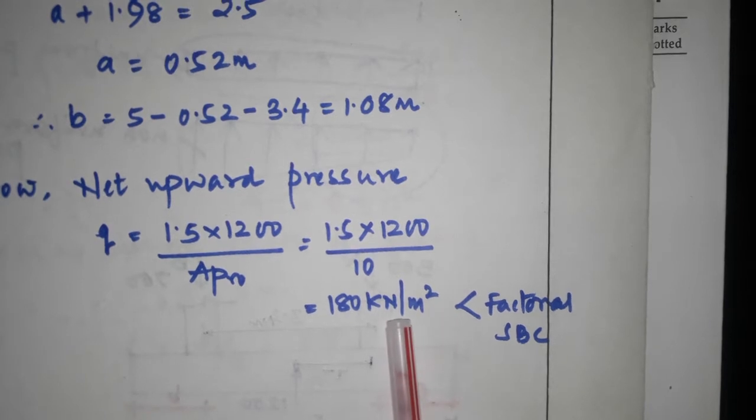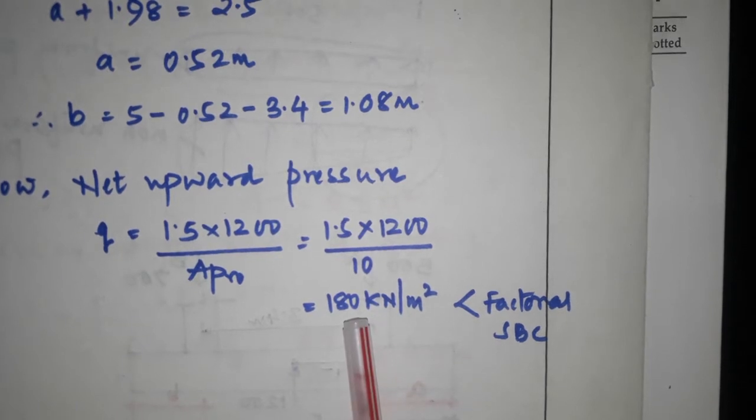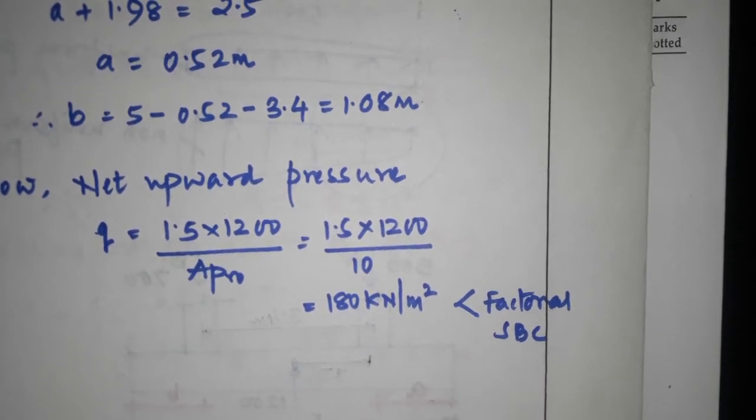So we got 180 kilonewton per meter square, and the very important point is the upward pressure should be less than the factored SBC, the safe bearing capacity of soil, and we got it is safe.